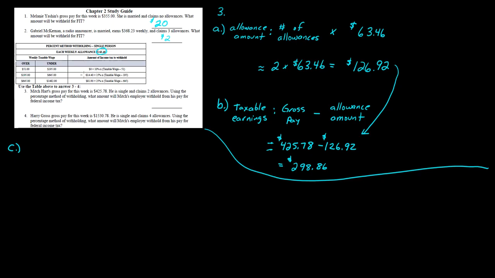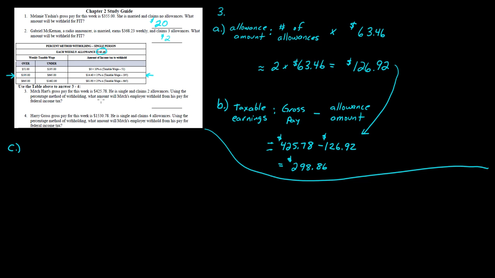And the way we determine which of these rows that we use is we are going to find our taxable earnings. So in this case, our taxable earnings are $298.86. $298.86 would put us in the second column here.